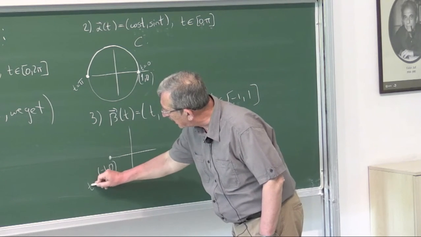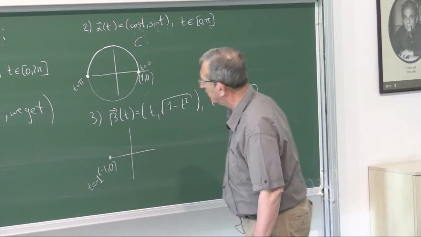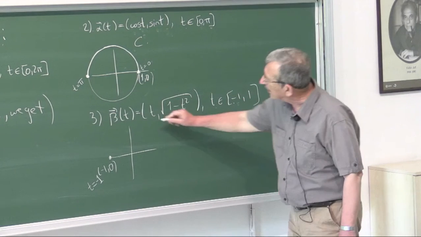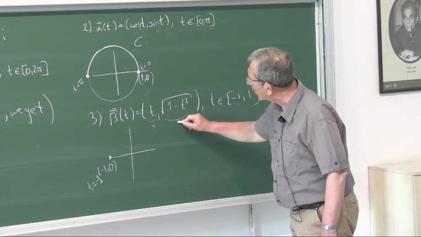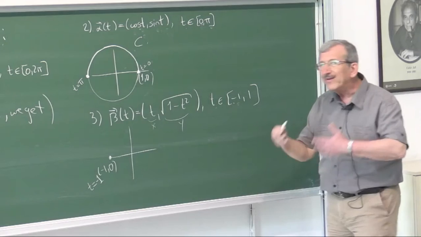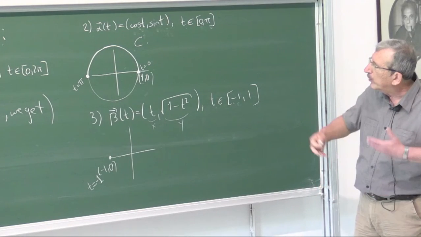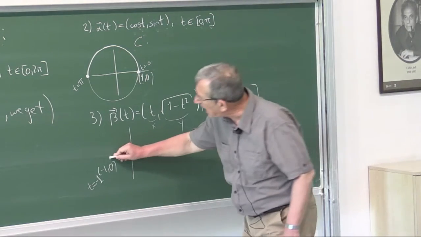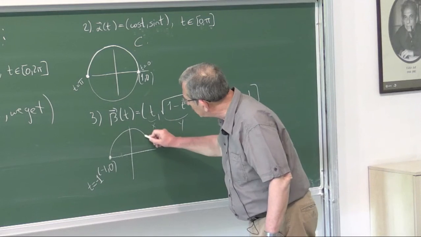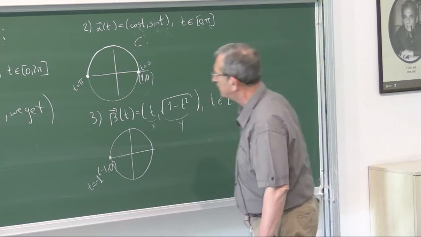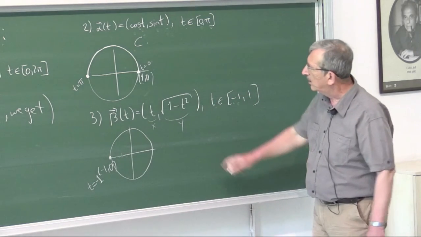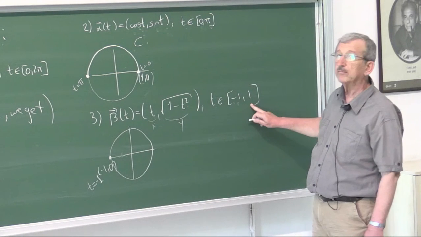So this is the case when t is minus 1. If this is our x, this is our y, squaring them and adding them, we get 1 all the time. So this is likewise a unit circle. However, we stop when t is 1.